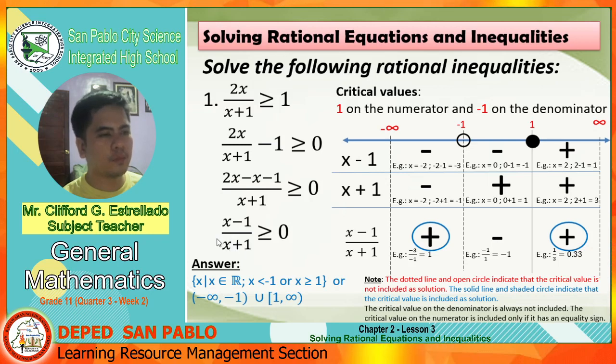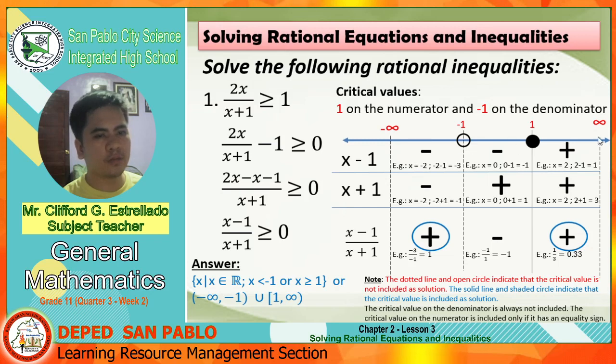So if our denominator is 5x plus 1, our critical value is negative 1 over 5, the opposite of positive 1 over the leading coefficient of x. So if we have 5x plus 1, we have negative 1 over 5 as the critical value. So in this case, in our given, we have critical values of negative 1 and positive 1.